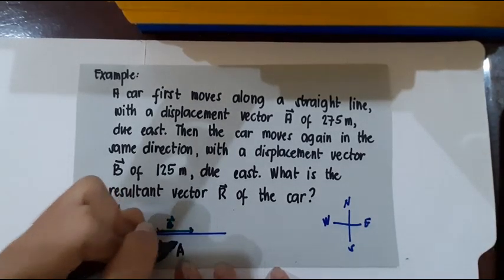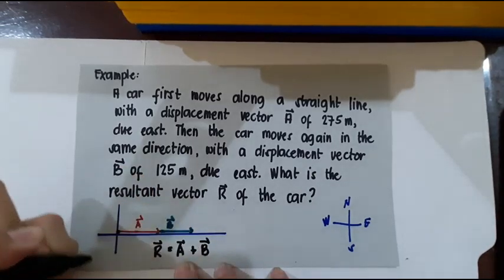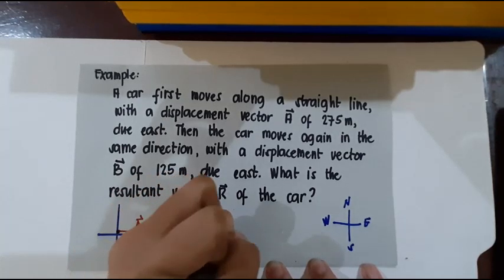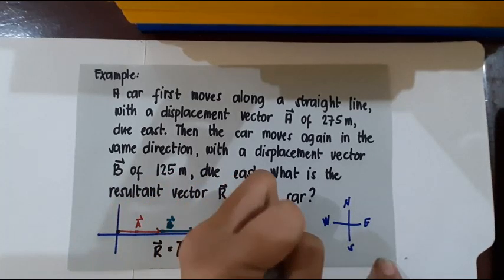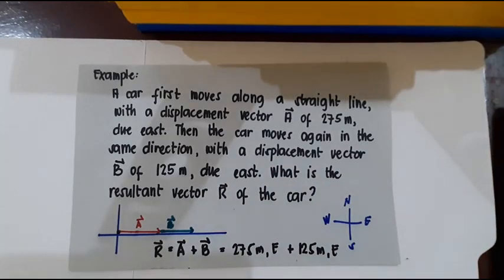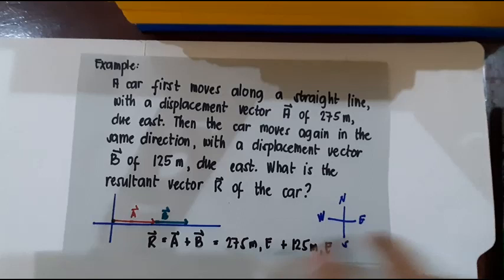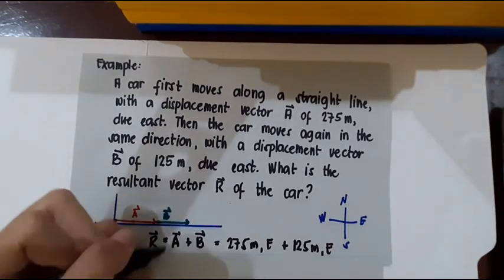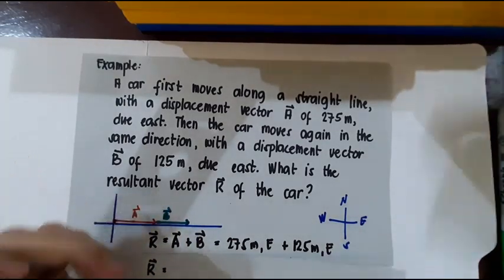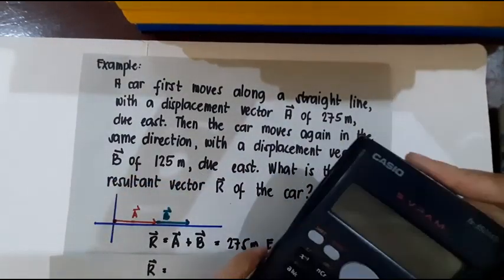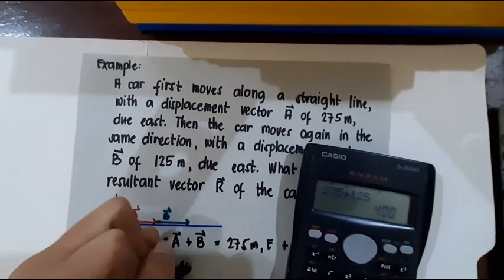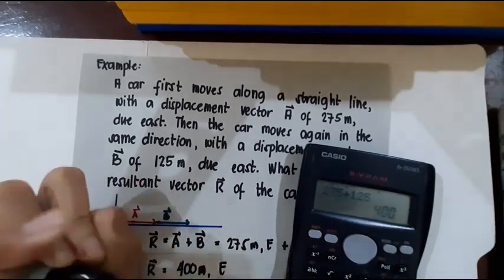That's R equals A plus B. So you just add 275 meters east plus 125 meters east. Now your R is 400, I think. 275 plus 125, okay, so that's 400 meters going to the east.